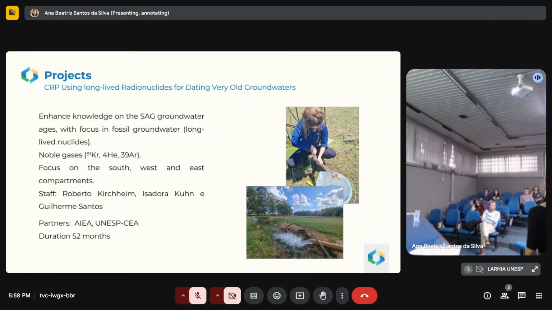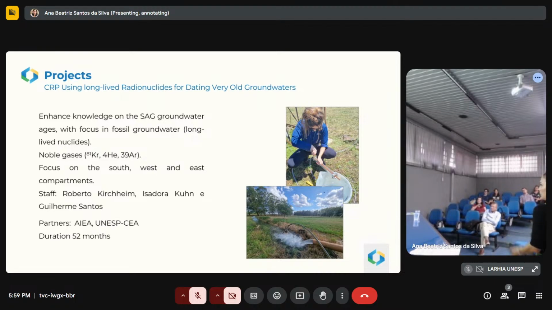So he applied noble gas for the whole Guarani aquifer system, and I kind of continue his work with this focus on the southern area. The objective is to enhance knowledge on the groundwater ages. And we have working on this project currently me, Roberto, and another researcher here from São Paulo.